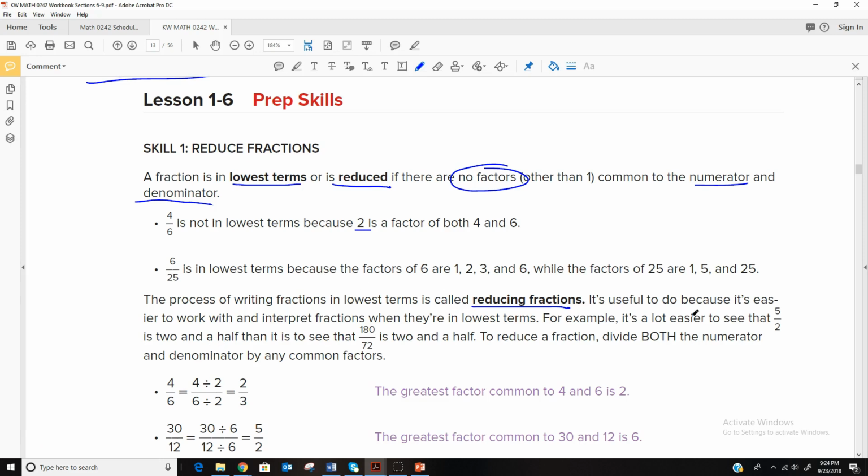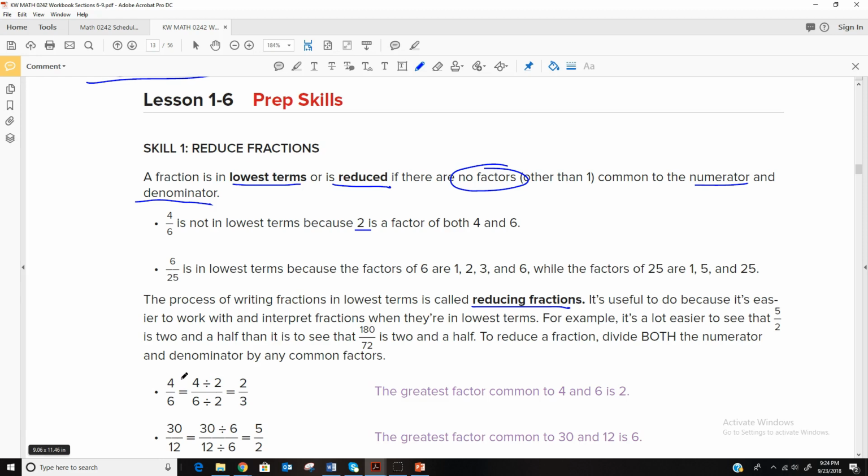So for example, it's a lot easier to see that 5 halves is 2 1/2 than to see that 180 over 72 is 2 1/2. Those are equivalent fractions. They are the same fraction, just 180 over 72 is not reduced. But that's pretty hard to tell by just looking at them in their different forms.